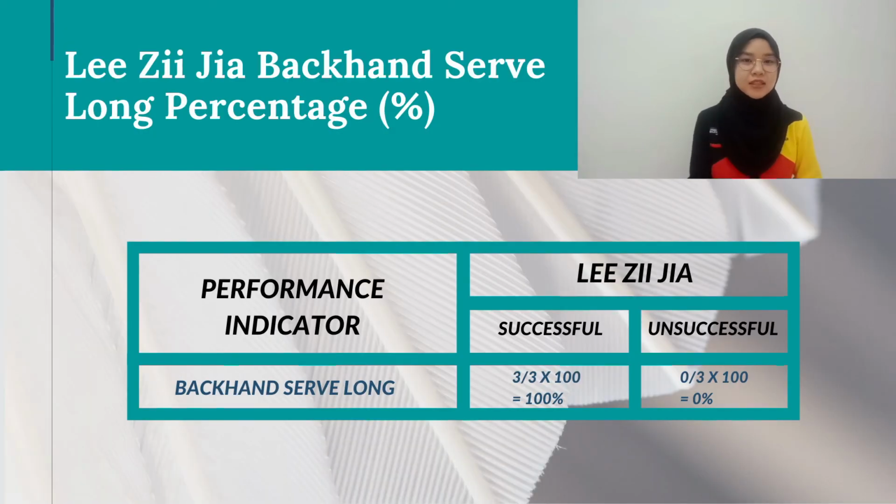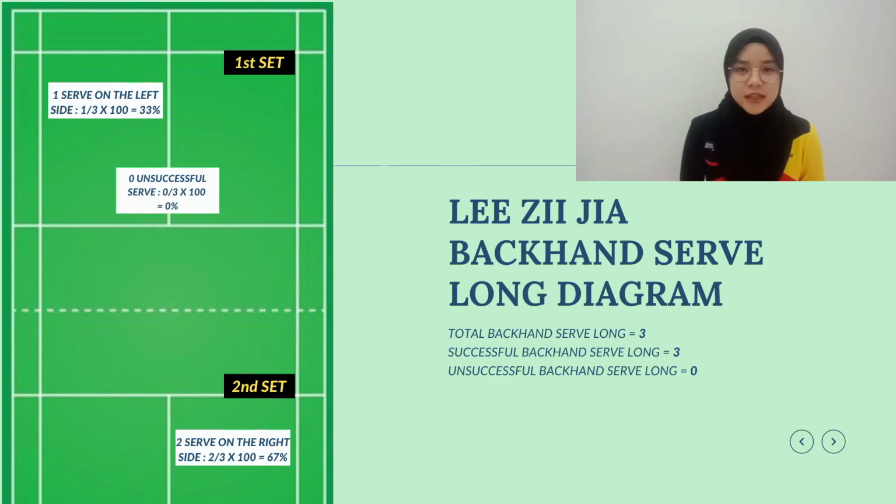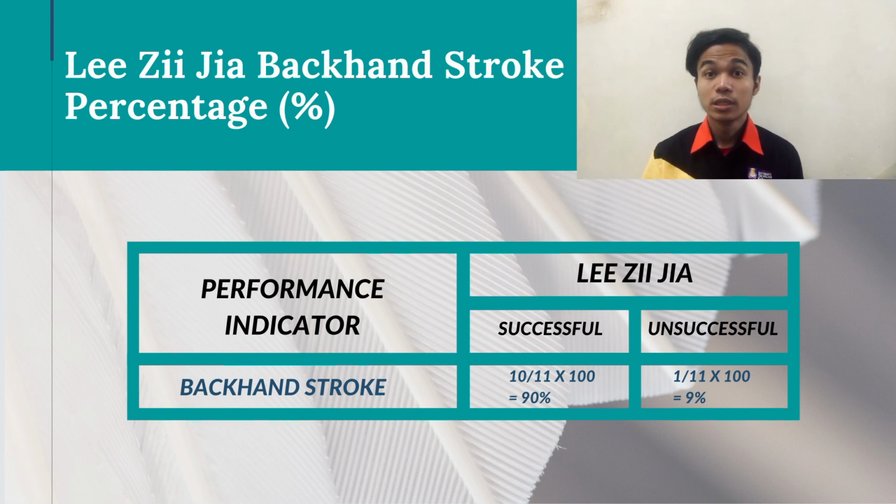For backhand serve long, the percentage of the indicator is 100% successful and 0% unsuccessful. This is the diagram of backhand serve long performed by Lee Zii Jia, where the total of the indicator is 3 in 2 sets.